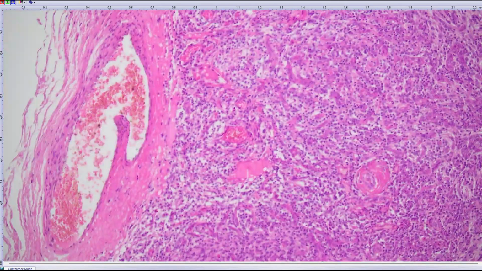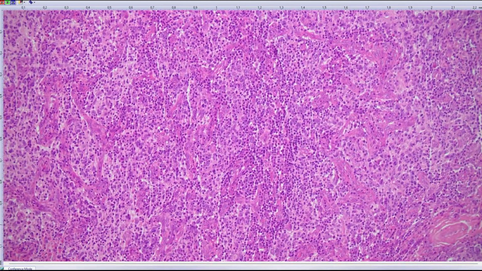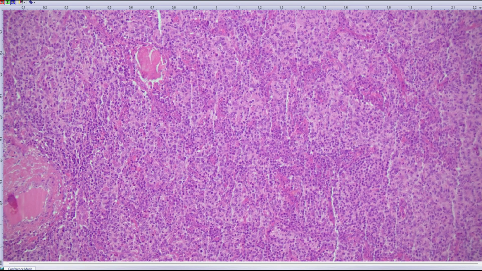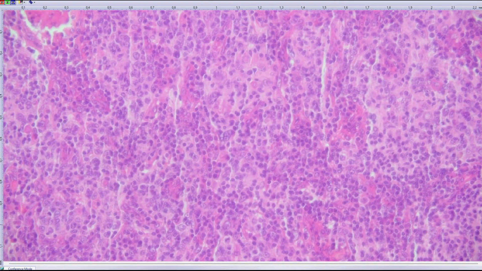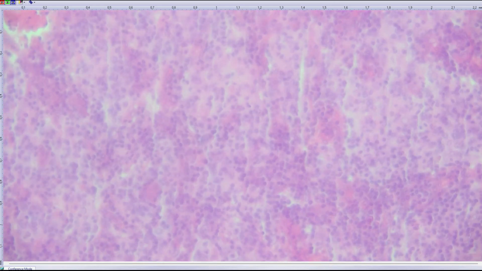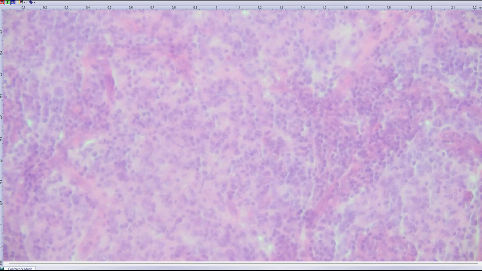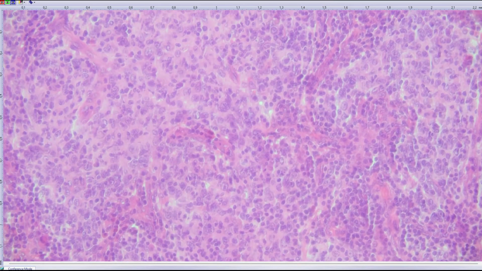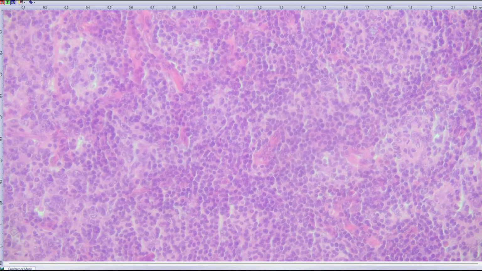And this clear cell proliferation here is CD31, CD20 positive. That means they are positive markers for dendritic cell proliferation, and it was the first case published of follicular dendritic cell sarcoma having intranuclear inclusions.